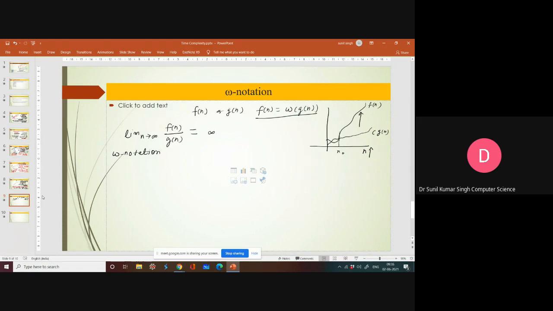We use omega notation to denote a lower bound that is not asymptotically tight.